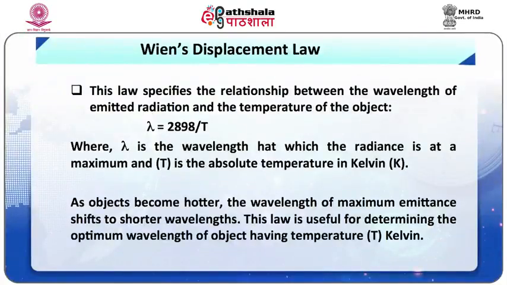This law specifies the relationship between the wavelength of the emitted radiation and the temperature of the object, which is given by lambda equals 2898 upon capital T, where lambda is the wavelength at which the radiance is at a maximum and capital T is the absolute temperature in Kelvin.